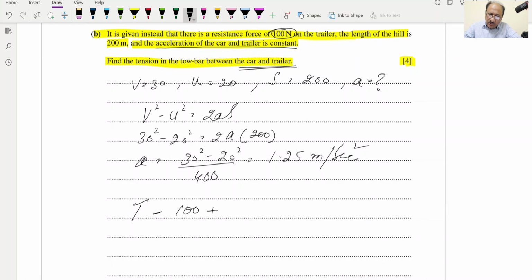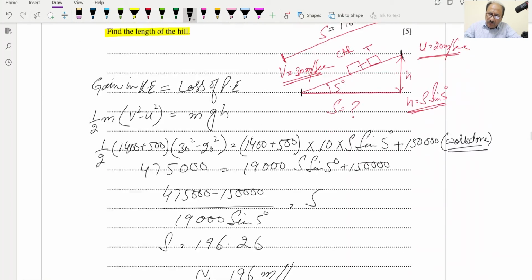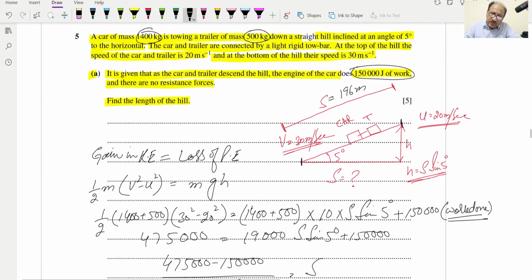See from here you can understand, tension will be on this side, and mg sine, if we take basically mass of the trailer is this one, so mass of the trailer will be acting downward, which will be w, which is mg.